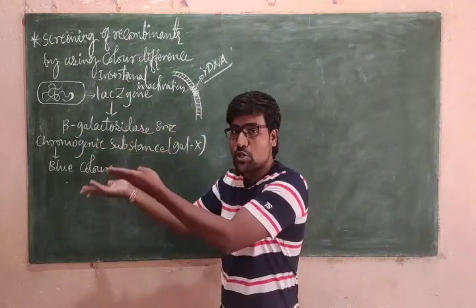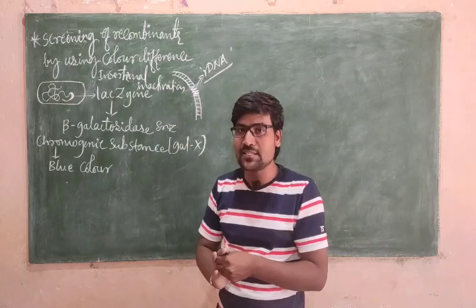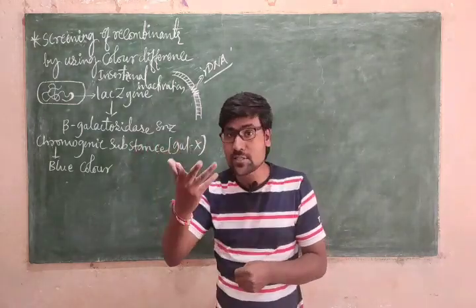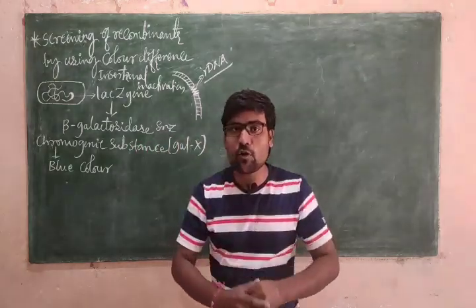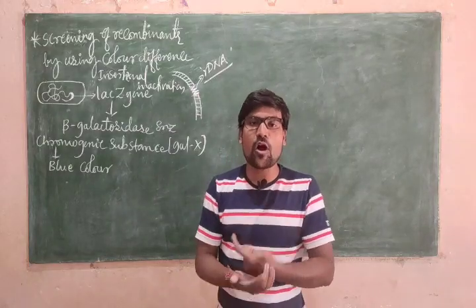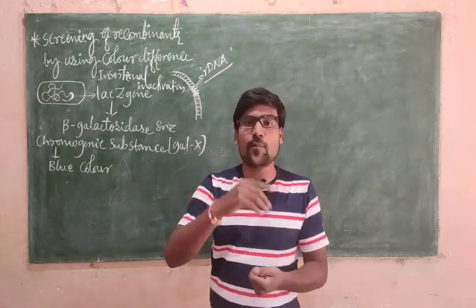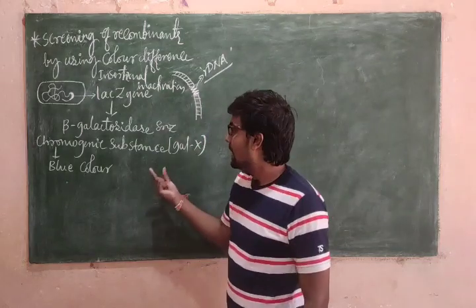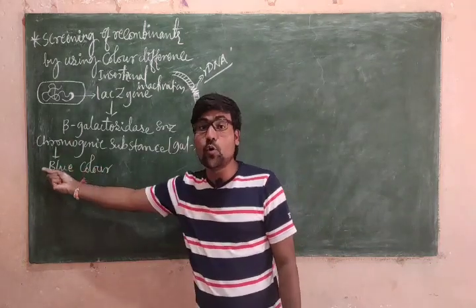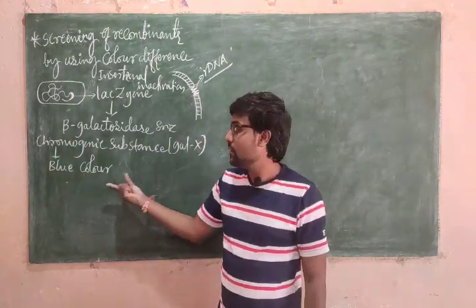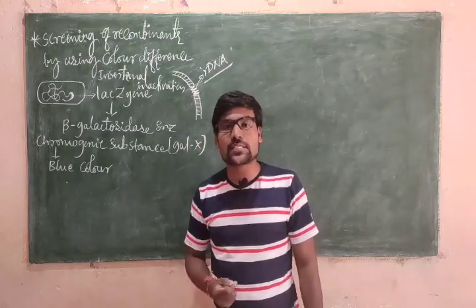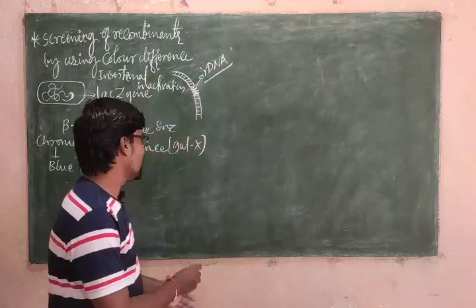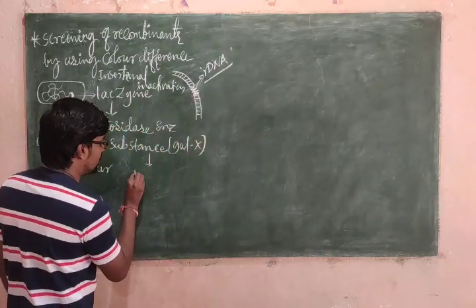If there is no production of beta-galactosidase, then there is no metabolism or breaking of lactose. If there is no breaking of lactose, then there is no production of blue colonies in the presence of this chromogenic substance. At that time, white colonies get produced.